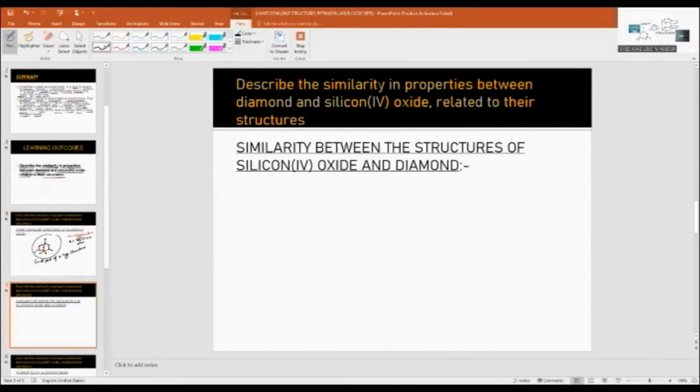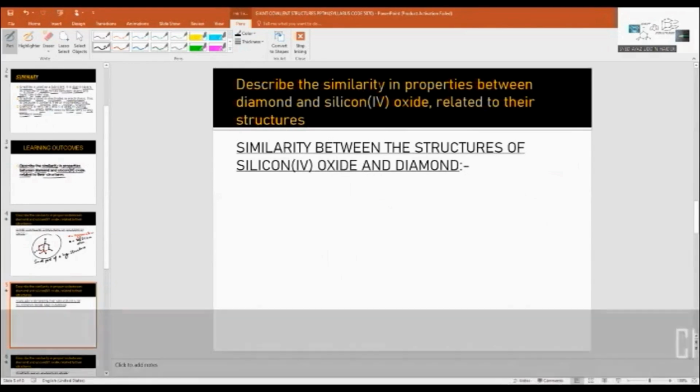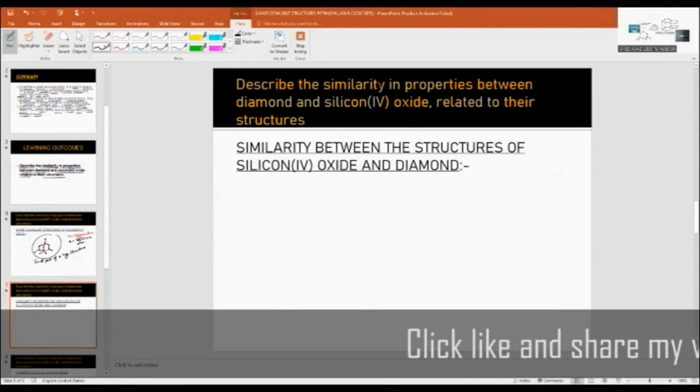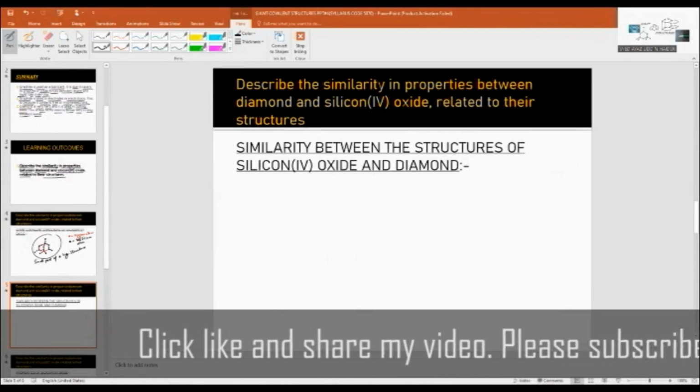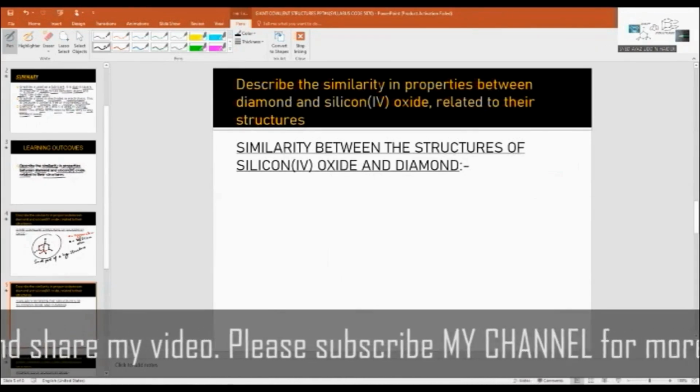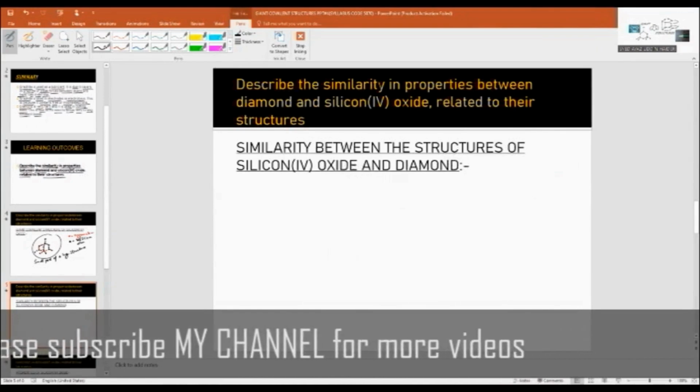If you look at the structure of silicon oxide, then you will see that it resembles diamond, which means it's also tetrahedral. This also suggests similarities between diamond and silicon oxide in terms of some properties, which I'm going to write in the next slide.